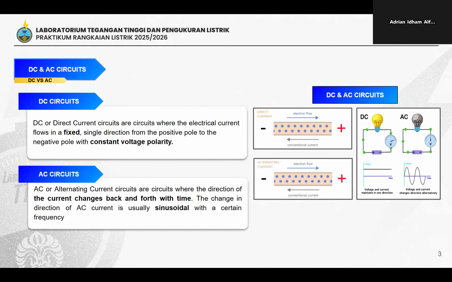And what about AC circuits? AC or alternating current circuits are circuits where the direction of the current changes back and forth with time. The change in direction of AC current is usually sinusoidal with a certain frequency. Everyone, you can take a look at this picture and this definition of DC and AC circuits.